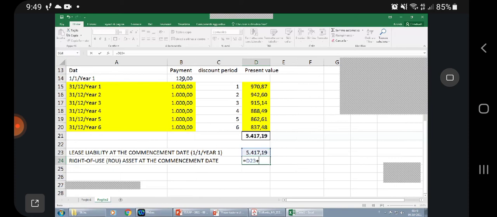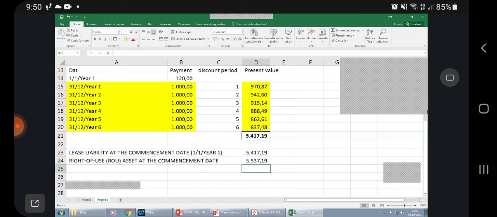Exactly: the amount of the liability, 5,517, plus the amount paid at the commencement date, that in our case is 120. So the amount of the right of use asset at the commencement date is 5,537. Is this clear?